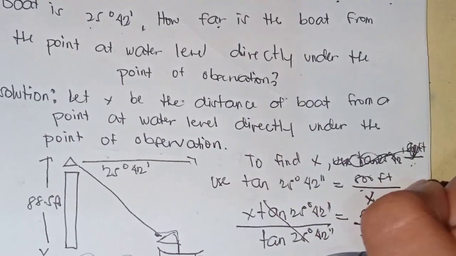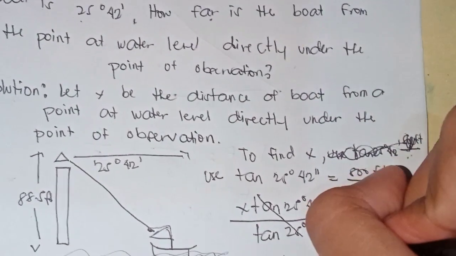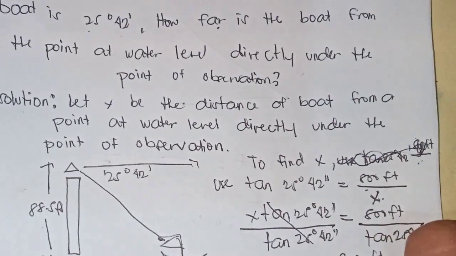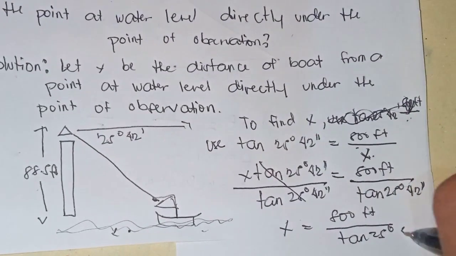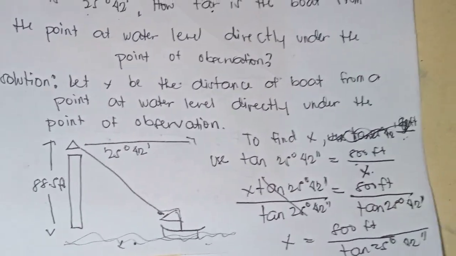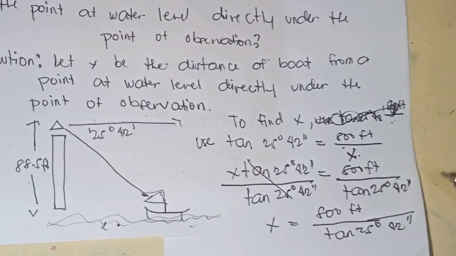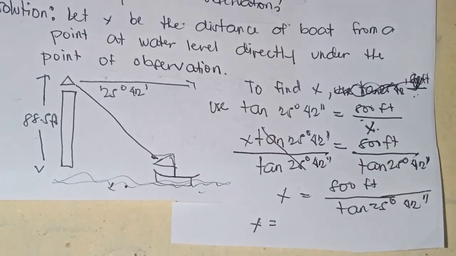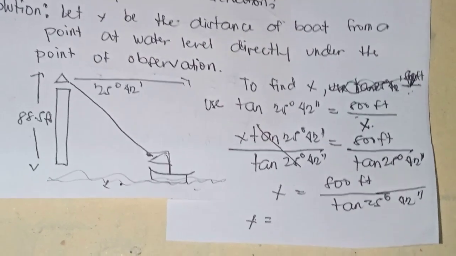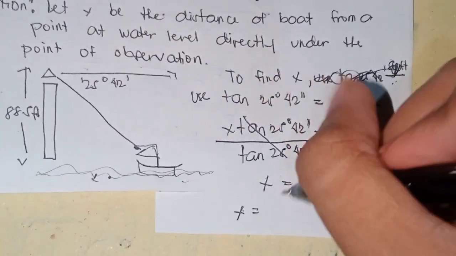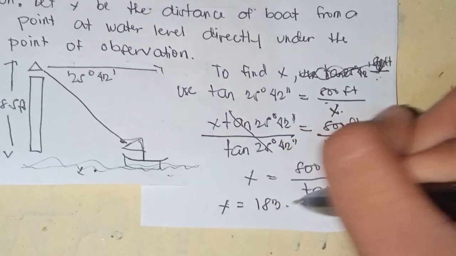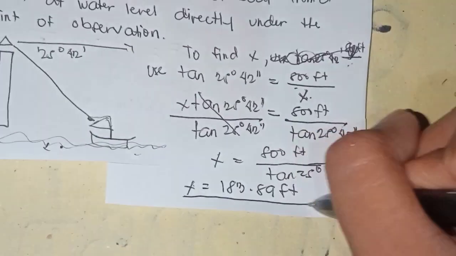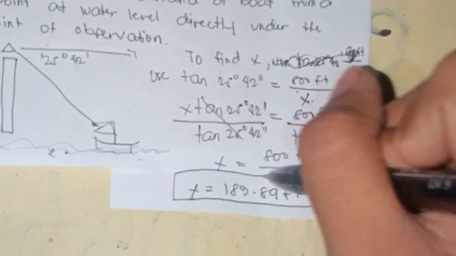So we have x is equal to 88.5 feet over tan 25 degrees and 42 minutes. To solve, we use our scientific calculator, and this will result in 183.89 feet. So we already found x.